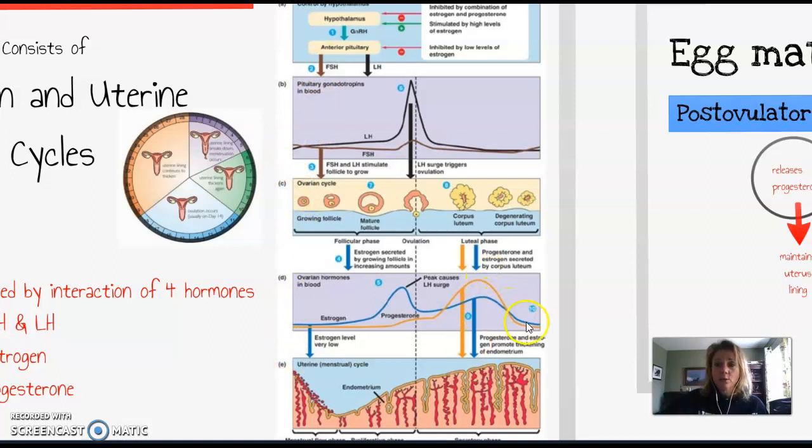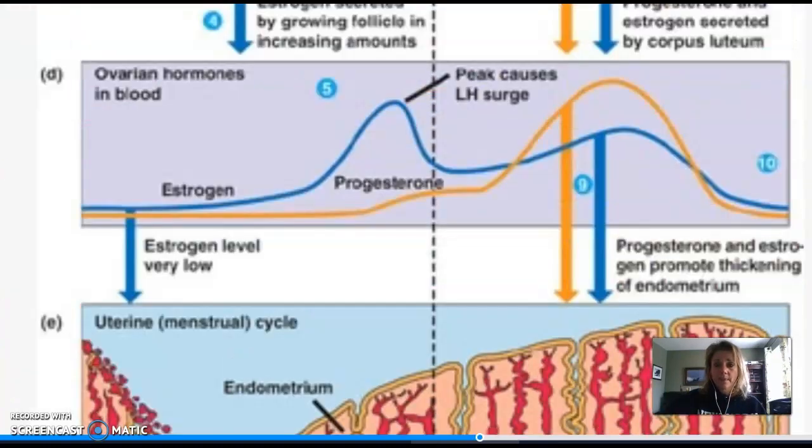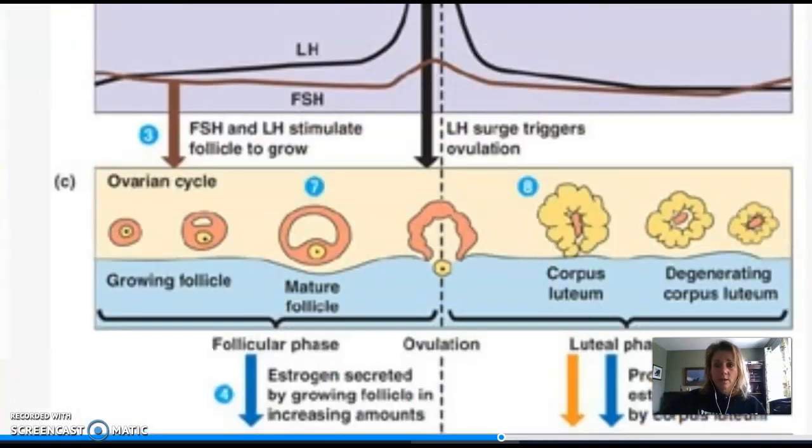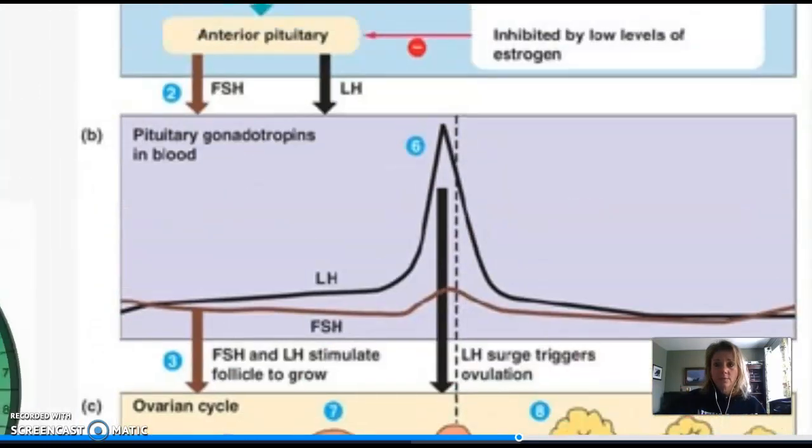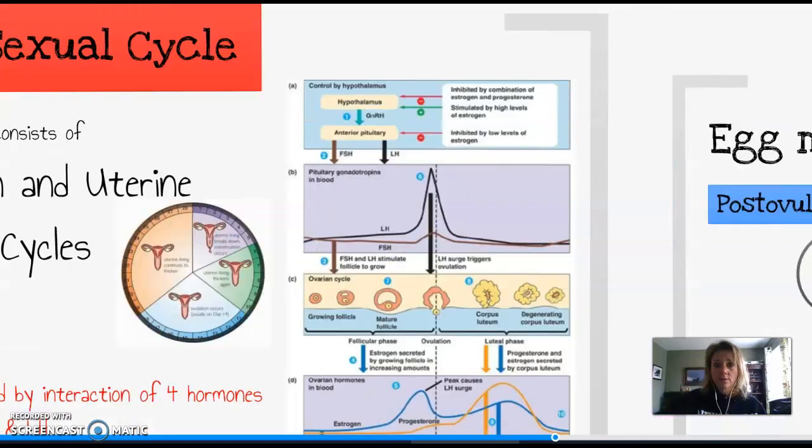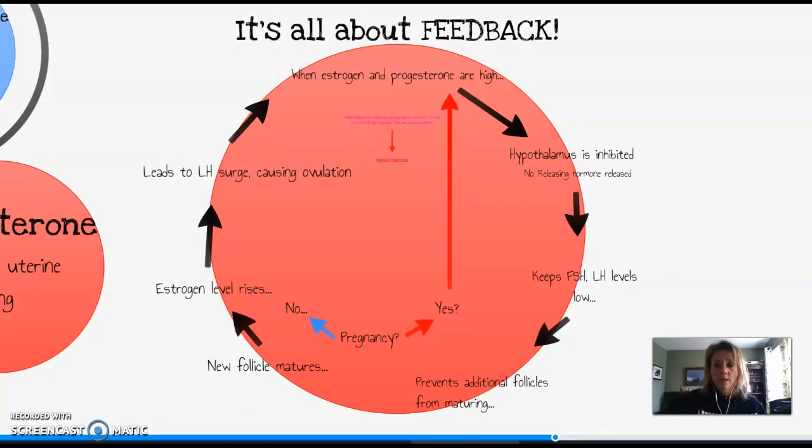And then these low levels of progesterone are going to stop maintaining that endometrial lining and allow it to be shed in the menstrual phase again. And so that is how the uterine phase coincides with our ovarian phase. We just went through all of these different graphs. All right, so let's wrap this up.